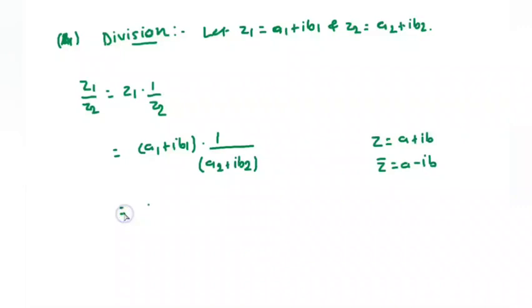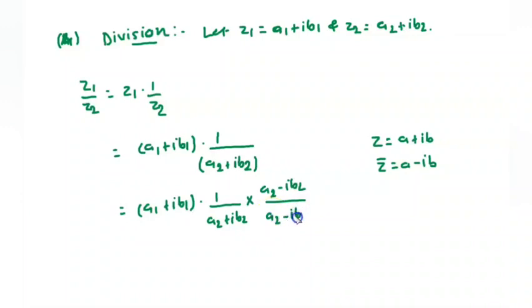So we will multiply both the numerator and the denominator of 1 by Z2 by the conjugate of A2 plus iB2. So you will get A2 minus iB2 upon A2 minus iB2.